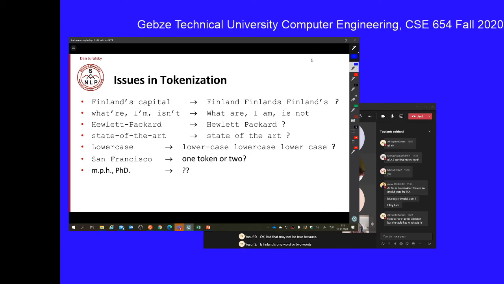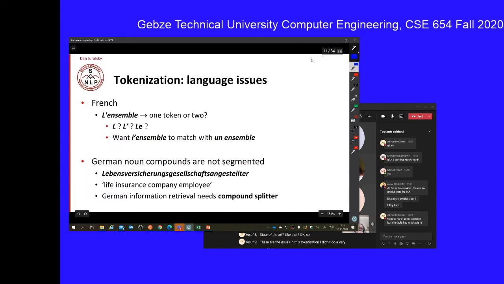I mean, in that case, it's going to count as two words. What are, I am, isn't, are these one word or two words? Is Hewlett Packard two words or one word? State of the art, like that. Okay, so these are the issues in this tokenization. I didn't do a very good job, but it does something for me.